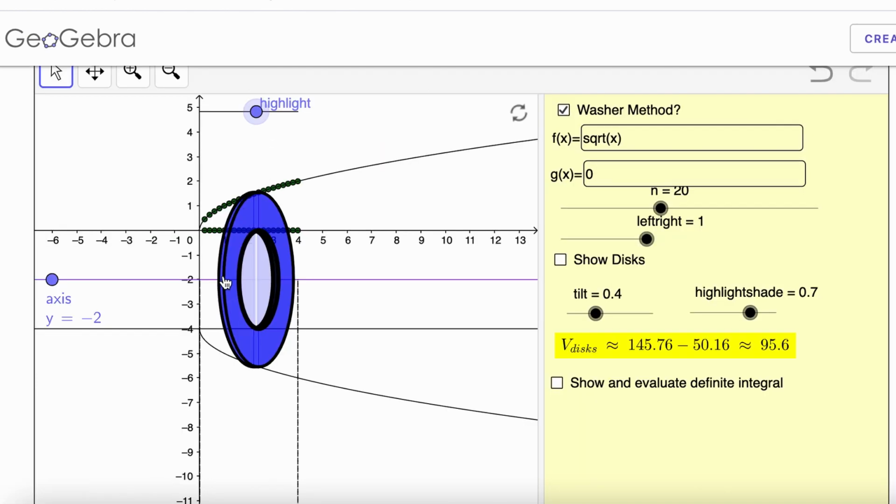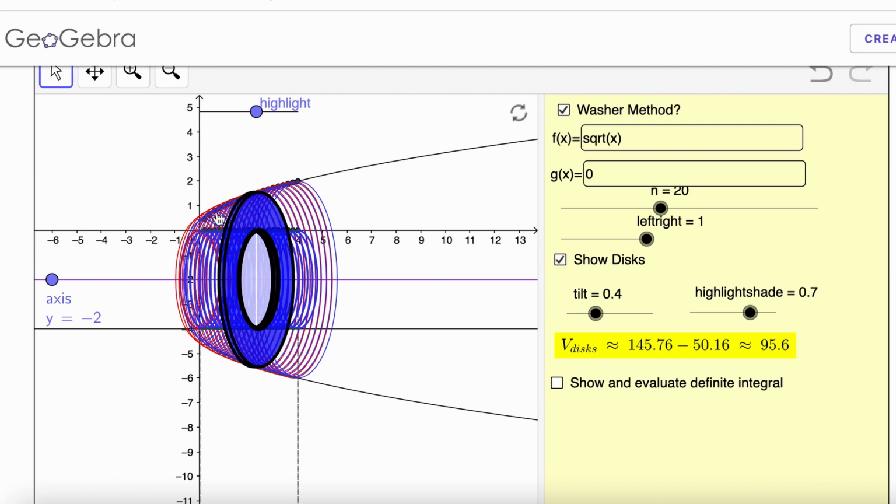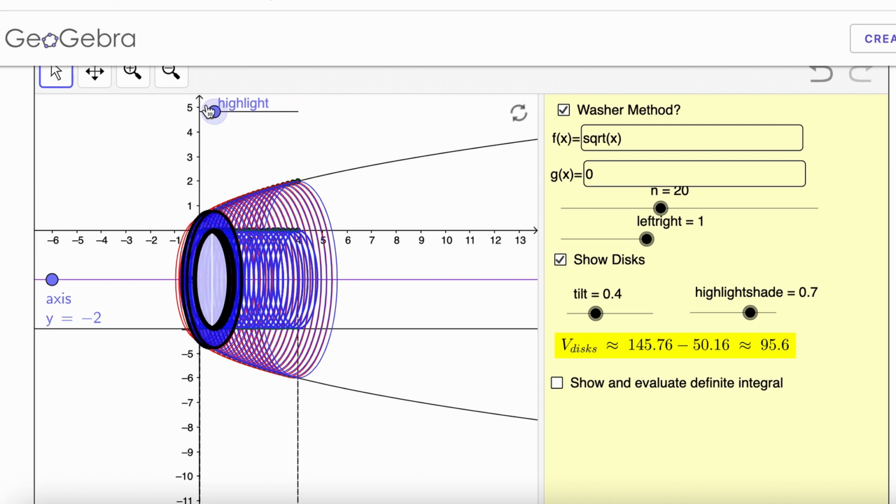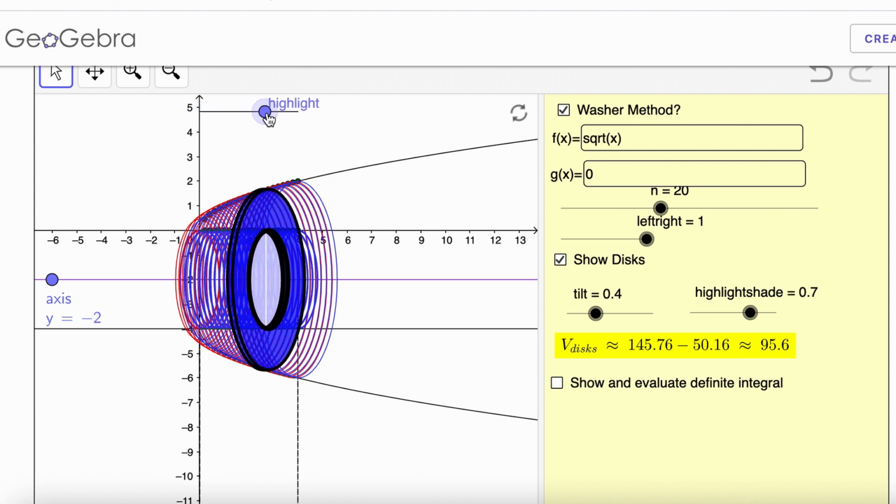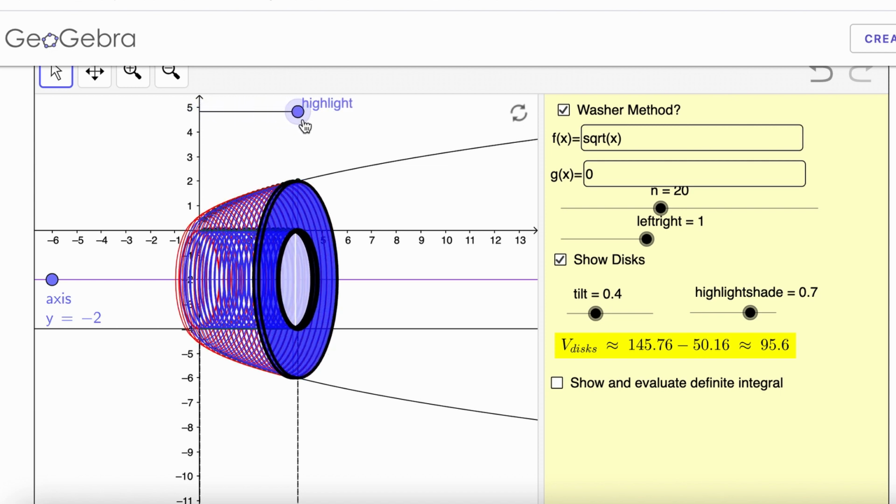Another example of that same problem is right here. Along the top here, we have square root of x, and y equals 0 at the bottom. And here you have the washer that was created when we revolve around this y equals -2 line. Notice now I will show you all of the disks if we did it from 0 all the way to x is 4.